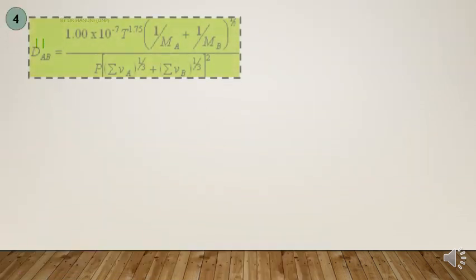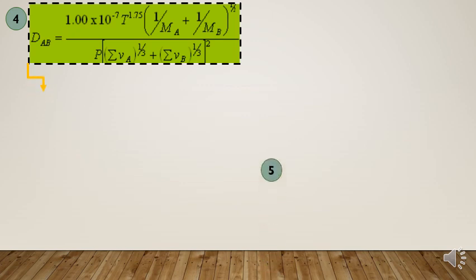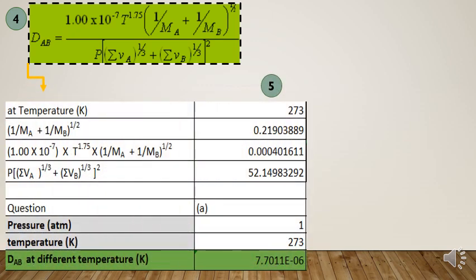In order to substitute into the equation, I have some tips for you. To avoid confusion, I would arrange the equation into two different parts. First, I will substitute all the values of the 1/MA and 1/MB term here. Then I multiply this term with the T here.